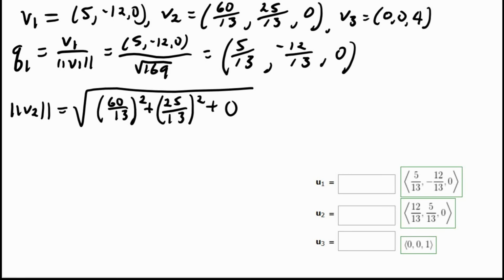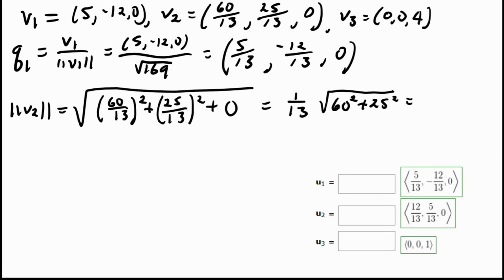Notice that the denominators are the same, 13 squared, so this just becomes 1 over 13 on the outside times the square root of 60 squared plus 25 squared.